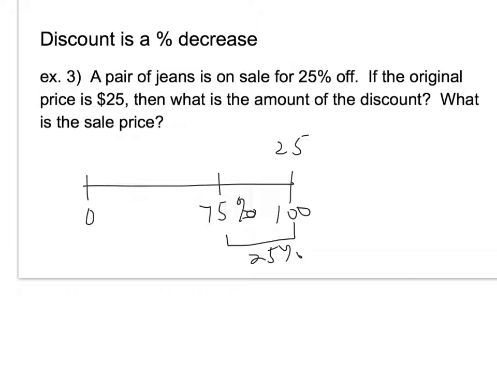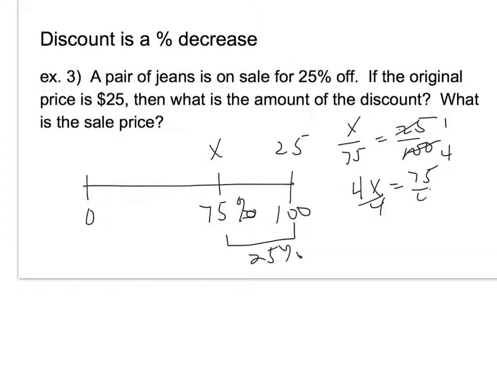Okay, so we've got x here. So our proportion is x over 75 equals 25 over 100. Let's simplify this. Let's call this 1 over 4. Cross multiply and solve, we get 4x equals 75.